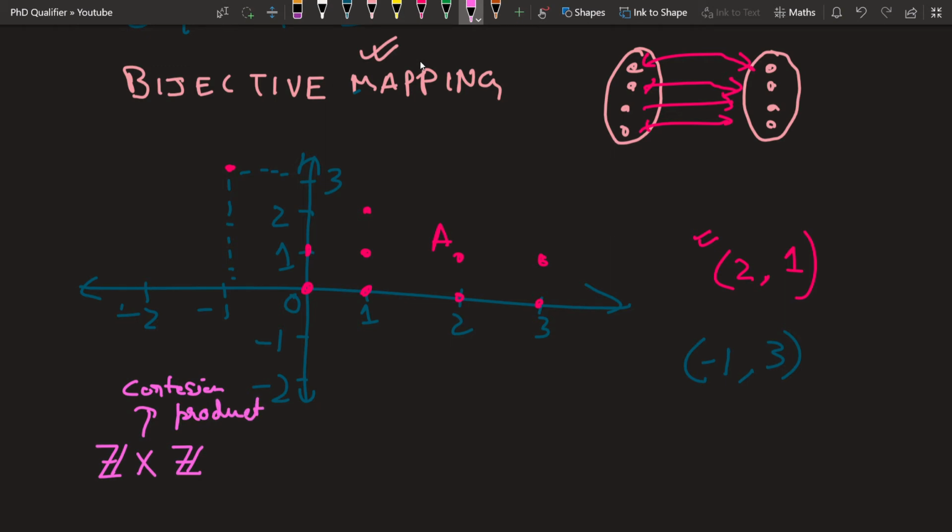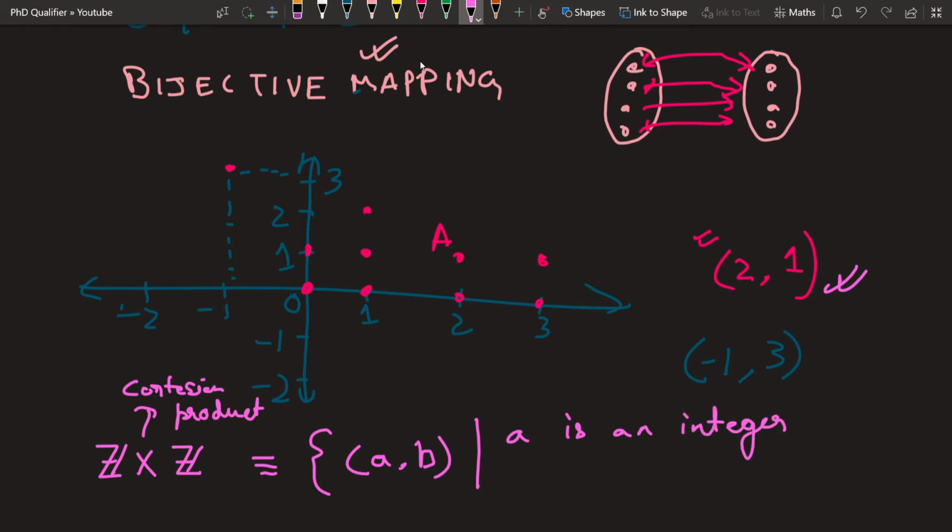This creates a new set where I have all the elements which are some A comma B, which are these representations that I was talking about, in such a way that this A is an integer and so is B. B is also an integer. So for all integers, if I write them in these brackets, these fall inside this plane.